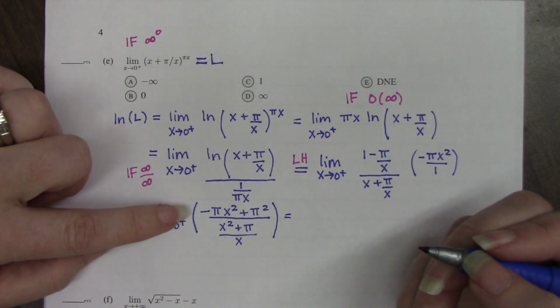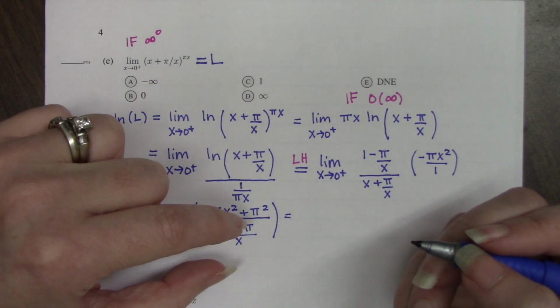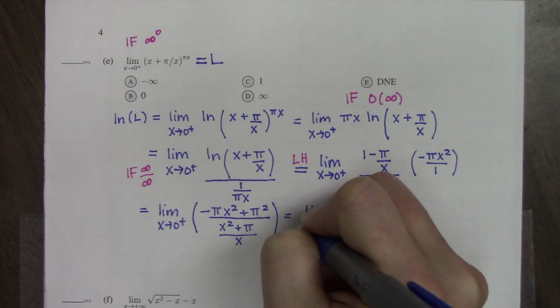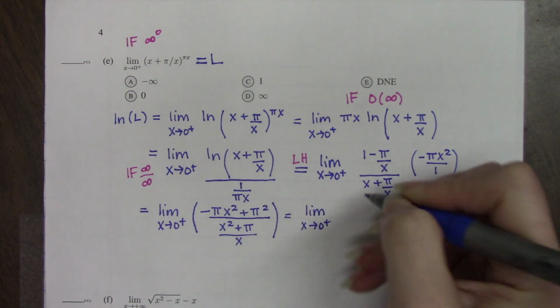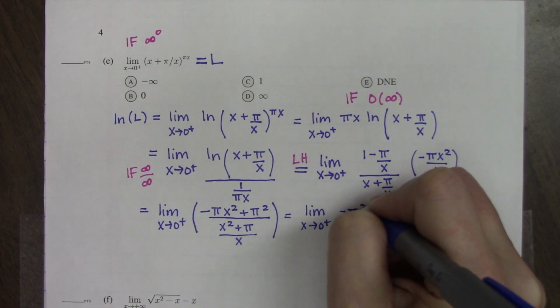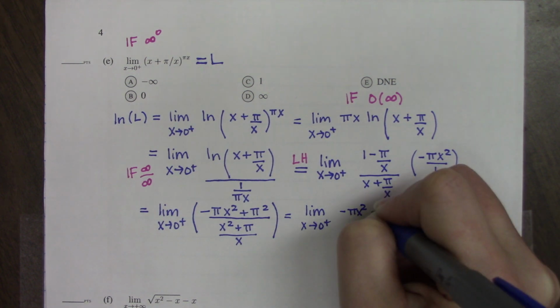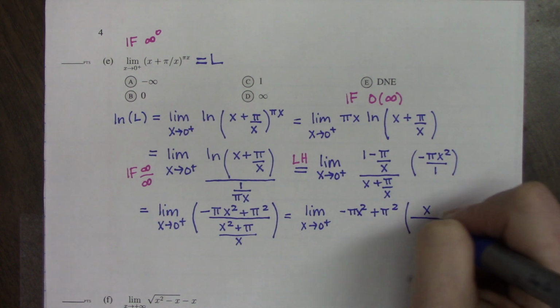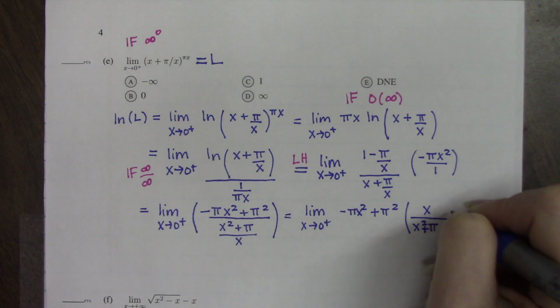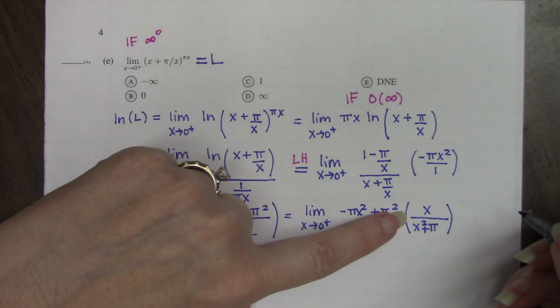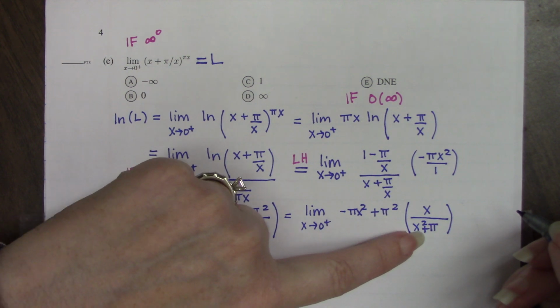And then I have this divided by a fraction, so I'm going to multiply by its reciprocal. So I have negative (x squared plus pi squared) times x over x squared plus pi.